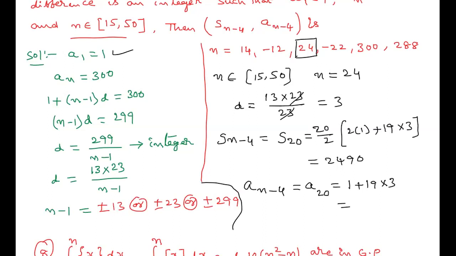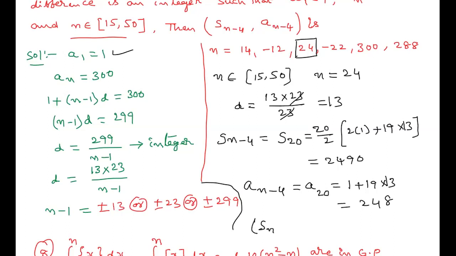How much do we get? 19 13s are 247. One second, I think it is not 3, it is 13, I made a writing mistake. Overall, do the calculation. We get 248.